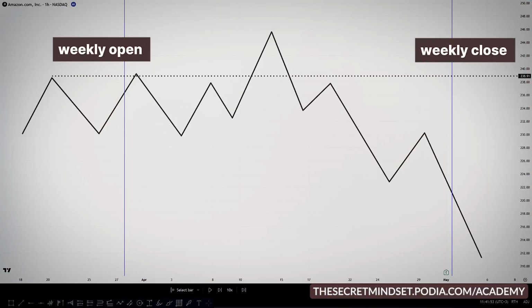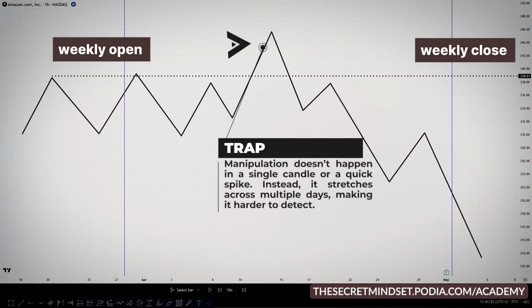On a weekly chart, the manipulation doesn't happen in a single candle or a quick spike. Instead, it stretches across multiple days, making it harder to detect. Traders might see the price moving sharply in one direction and assume that the momentum will continue, not realizing that they are being led into a trap.